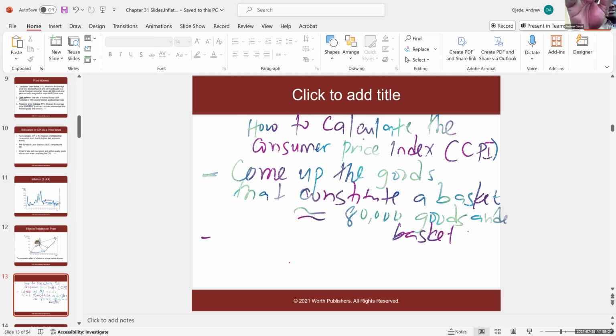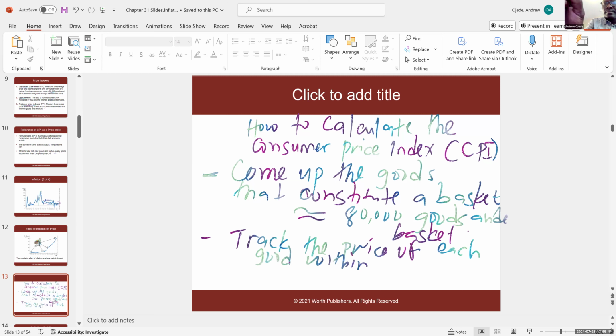And then what they're going to do is track the price of each good within a basket every month. Every month or every year, depending on the frequency where they want to compute how prices have changed over time.